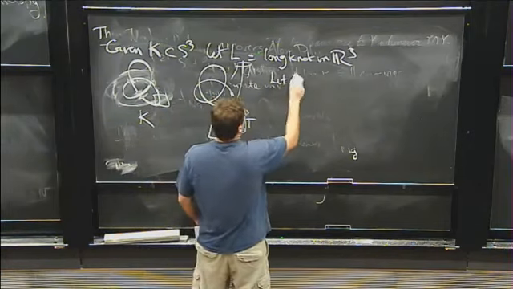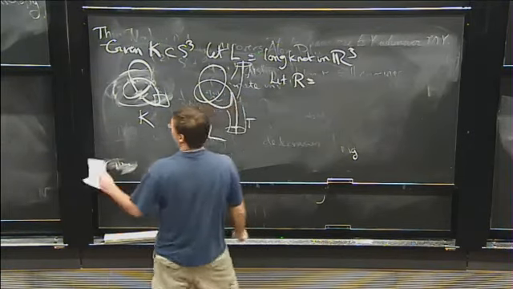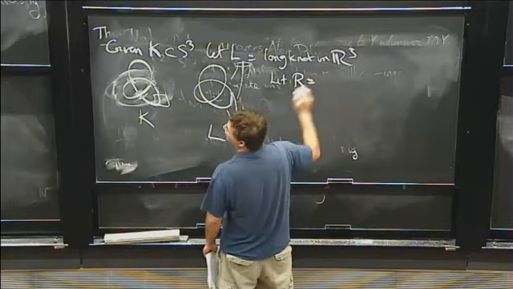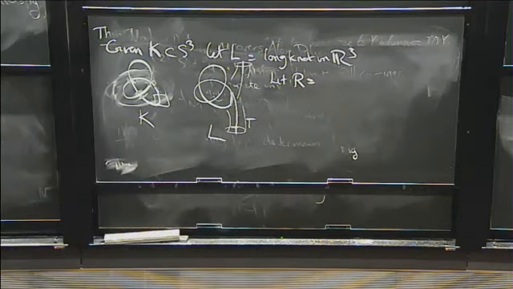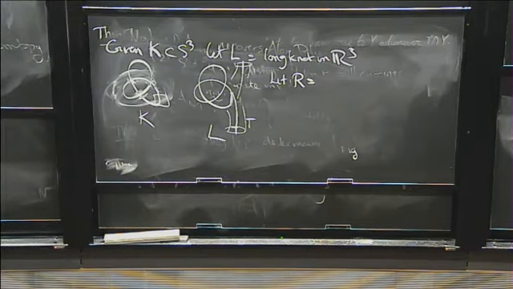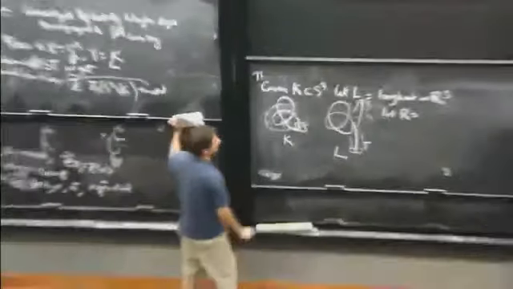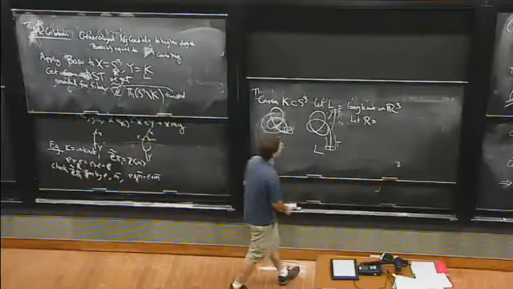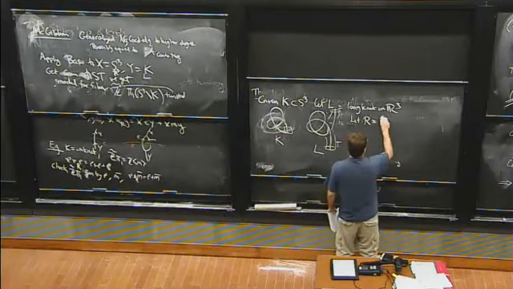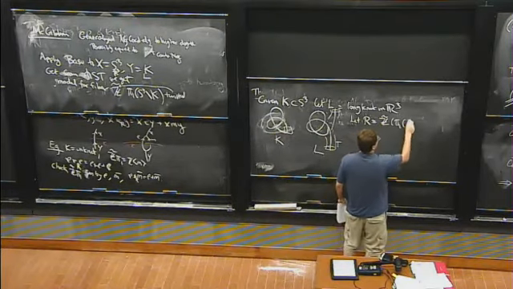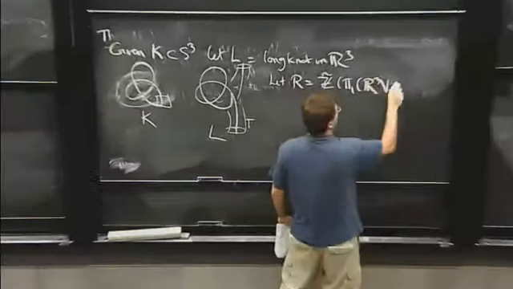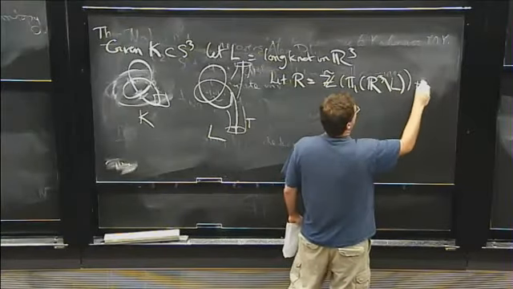So let's let R be the twisted group ring. So I should mention, really, we want to apply this to R3 and a long knot as well. So let's let R be the twisted group ring of the complement of this long knot. Now I'm going to add a unit formally.